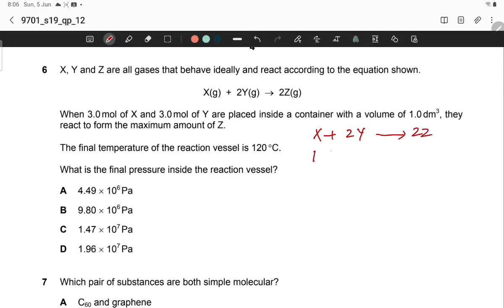We know 1 mole of X reacts with 2 moles of Y to form 2 moles of Z, and in the question, 3 moles of X and 3 moles of Y are placed inside a container with the volume of 1 dm cube, and they react to form the maximum amount of Z. So if 1 mole reacts with 2 moles to give 2, then in the question 3 moles gives 3 moles.